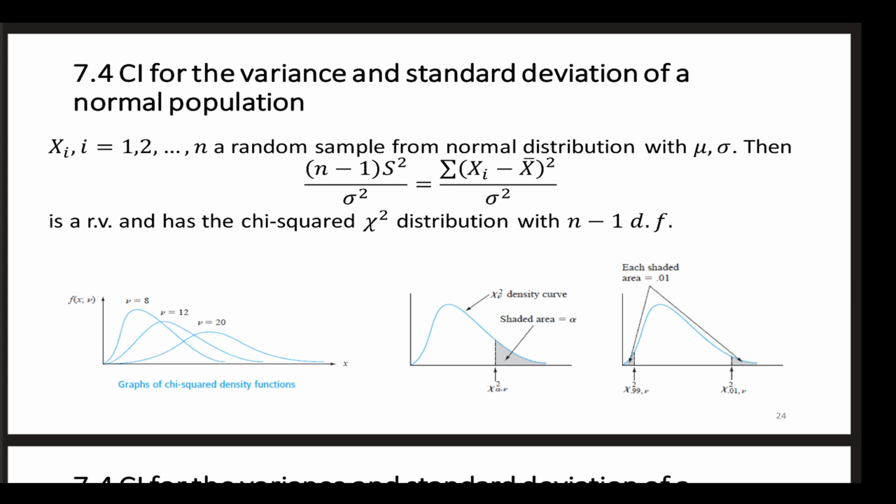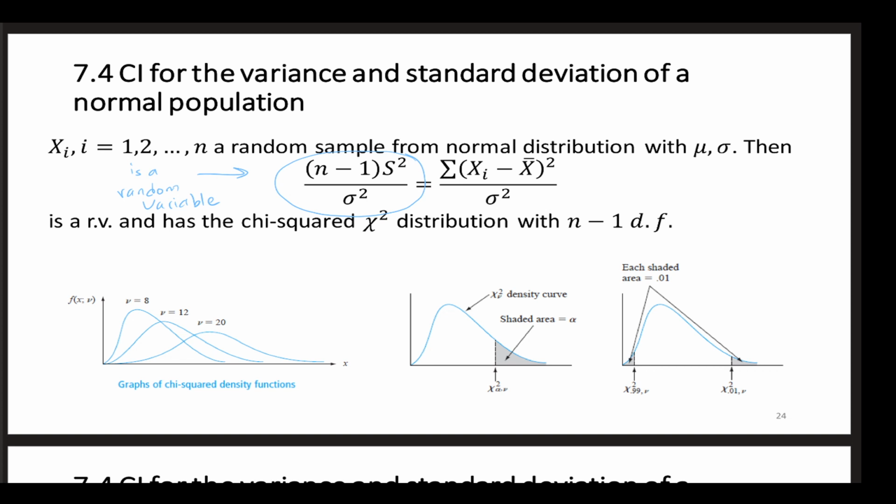So let's make sure everybody's here. We'll get started. The test statistic, or the variable right here, varies from sample to sample, so it's a random variable, very much like x bar is a random variable.